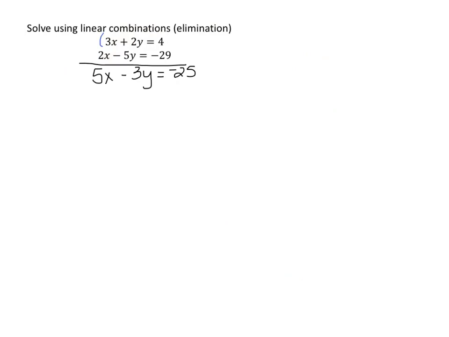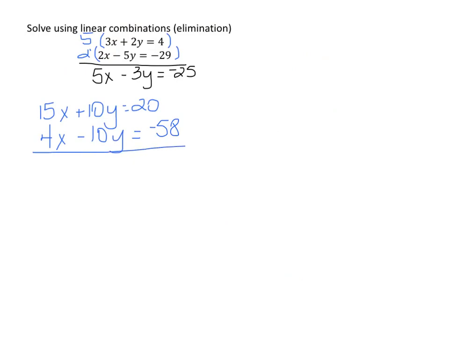What I will do is I will multiply the first equation by 5, and I will multiply the second equation by 2. When I do that, I get 15x plus 10y is equal to 20. 4x minus 10y is equal to negative 58.